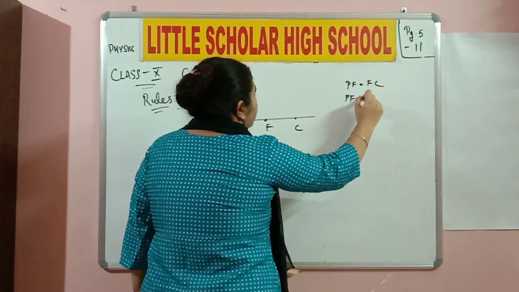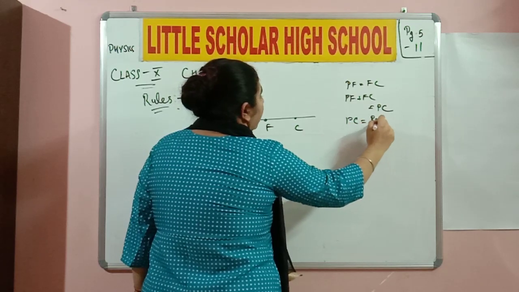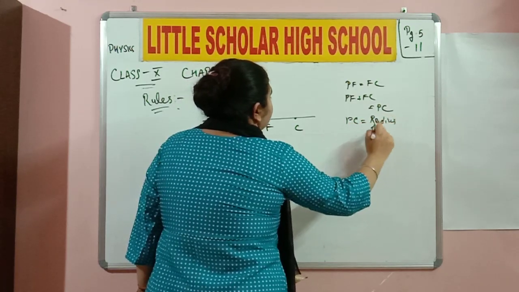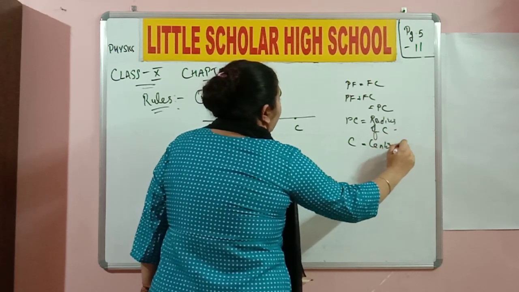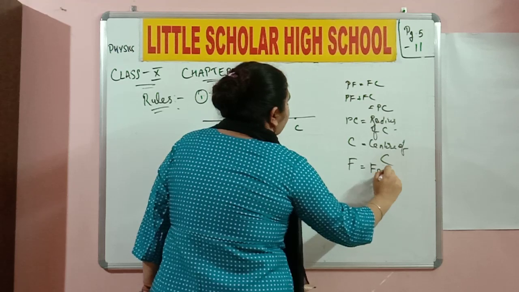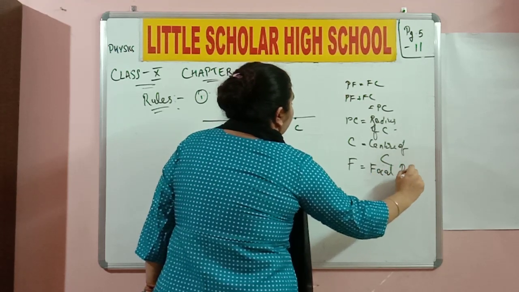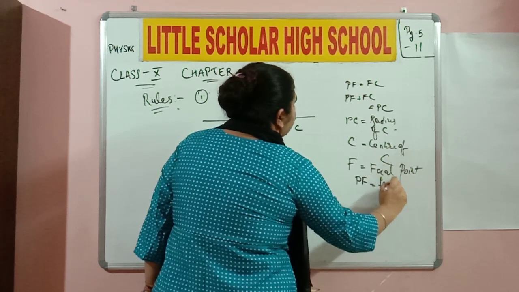PF plus FC gives me PC. PC is nothing but the radius of curvature. C is the center of curvature. F is the focal point. And PF is nothing but the focal length.